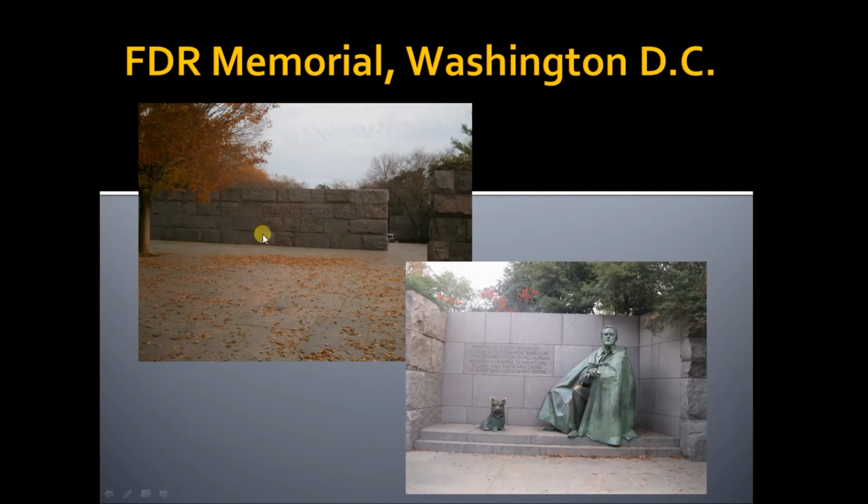You can see there his name and title, and 1933 to 45. This is a statue of him with one of his many famous sayings, together with his constant companion. Apart from his wife, Eleanor Roosevelt, there also was a dog, Fala, who was a famous pet that he had. But anyway, back to him a bit later.